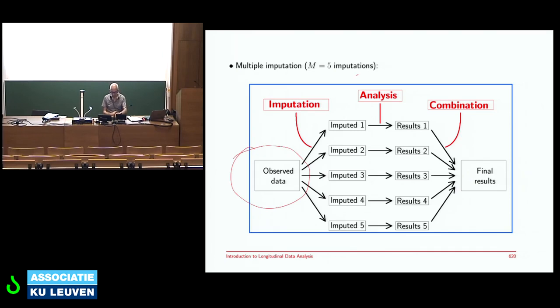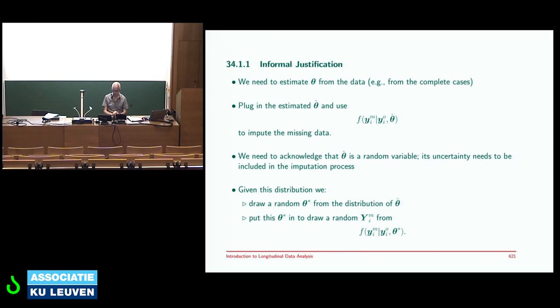Once we have the 5 data sets, we apply the same mixed model, the same t-test at the end, the same whatever analysis you have in mind, exactly as you would do had there been no missing data problem, which gives you 5 results, usually but not always, taking the form of parameter estimate and standard error, and these are then in the final step combined into an overall inference. So, I will go over this again, but in this section I will do this slightly more technically.